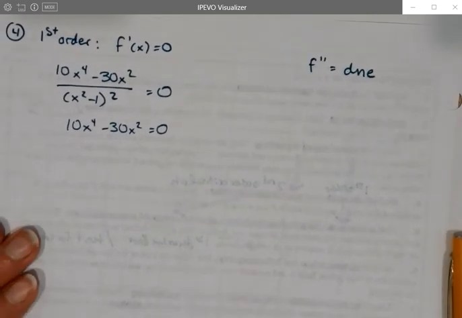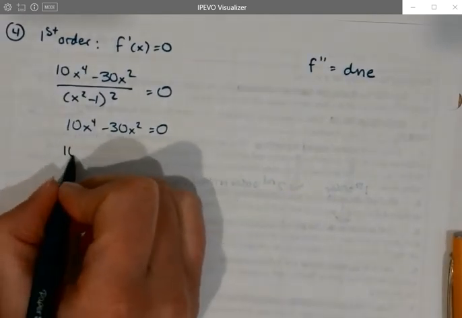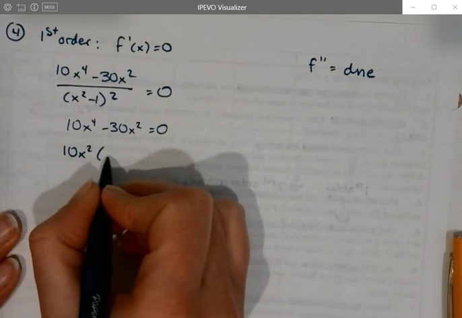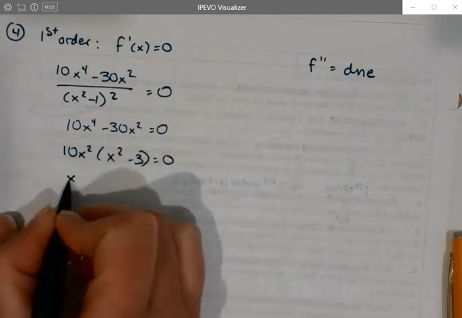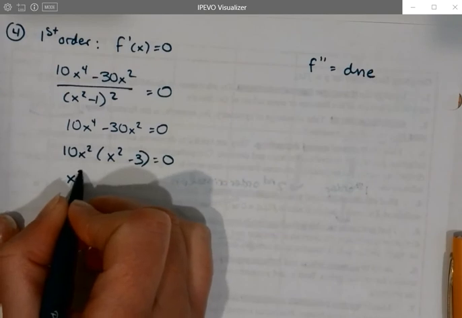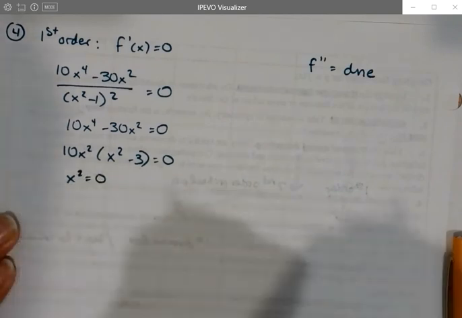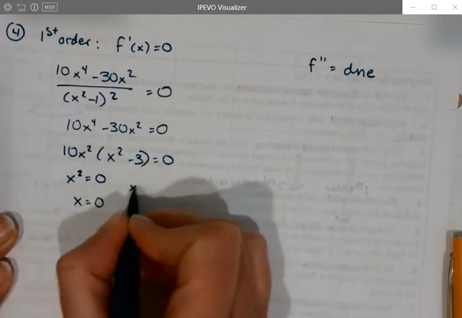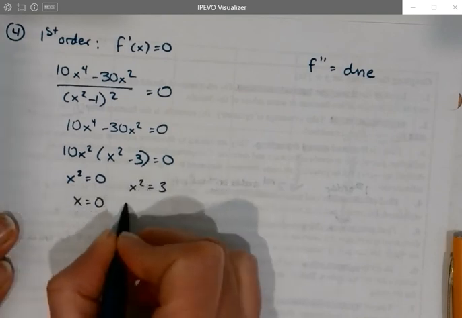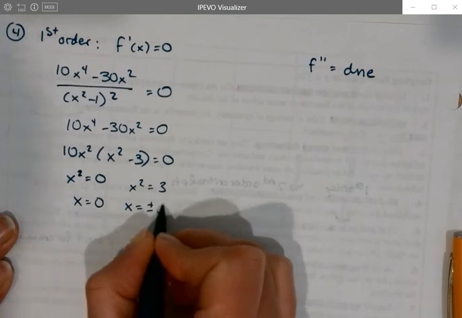And then I can factor out 10x squared, which gives us x squared minus 3 equals 0. So I have x squared equals 0, 10x squared technically, but the 10 divides off. So that gives me x equals 0, and then I have x squared equals 3, so x equals positive and negative square root of 3.